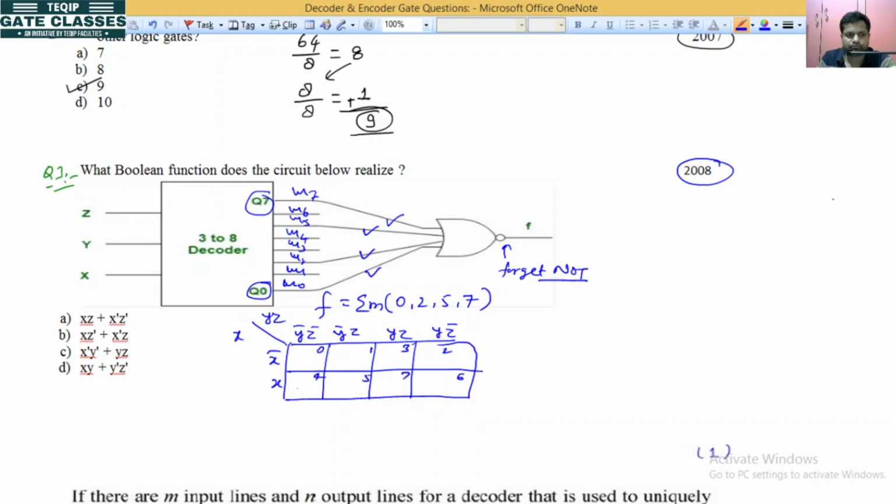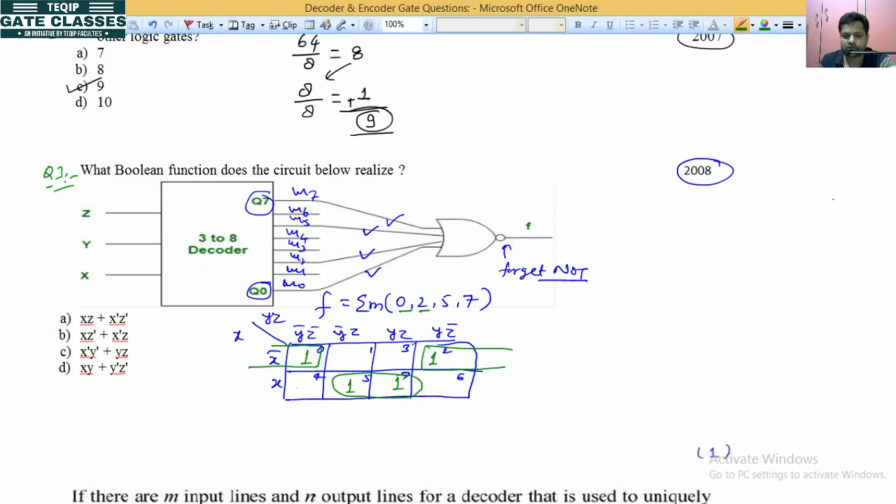Now it is sum of min terms, so at 0 we will put 1, at 2 it is 1, at 5 it is 1, at 7 it is 1. Now if you see here, this can be grouped with this one, and these two make one pair also.